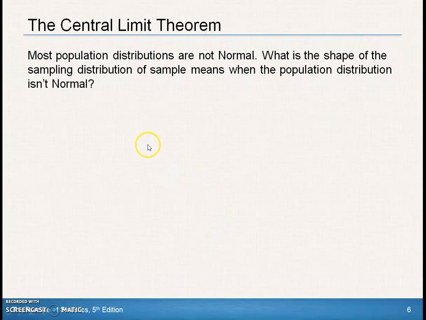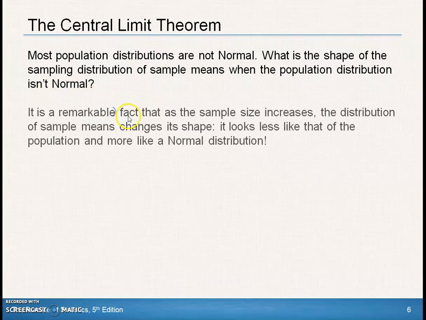Most population distributions are not normal. What happens to the shape of the sampling distribution of sample means? I'm going to say that over and over because that's sort of a mouthful: sampling distribution of these sample means. When the population distribution isn't normal, well, let's take a look.